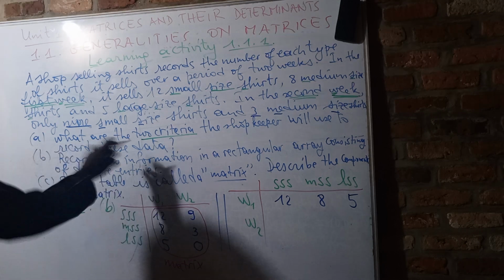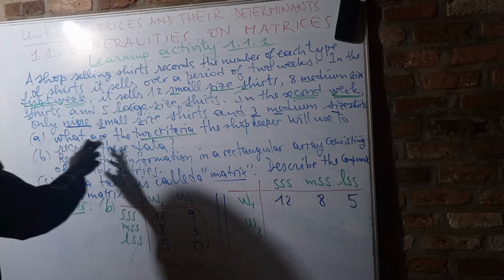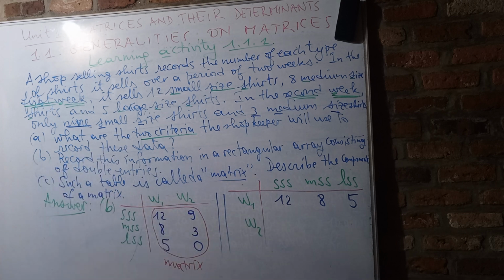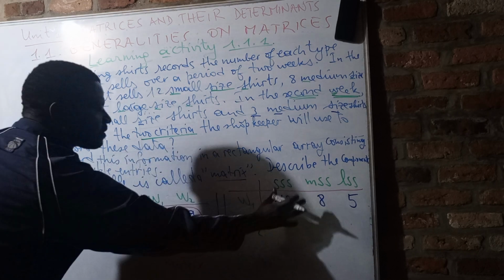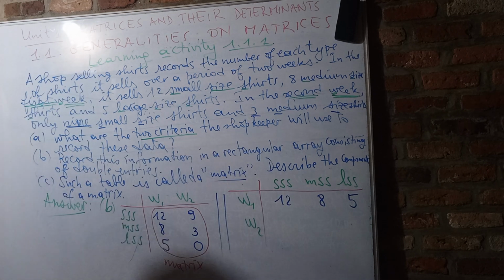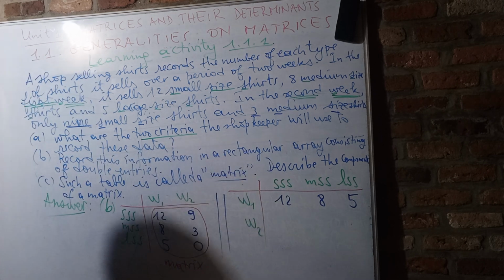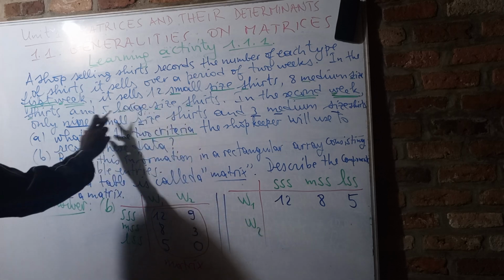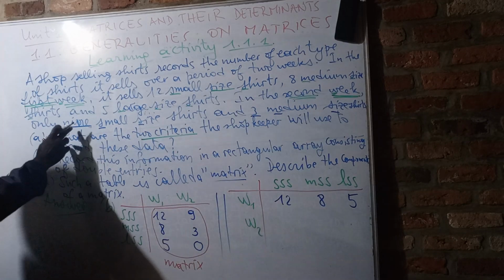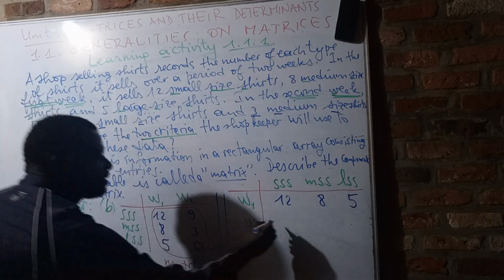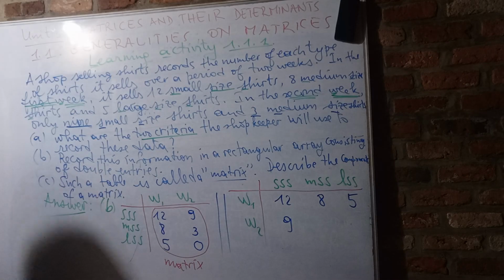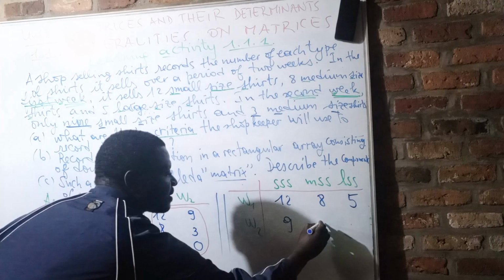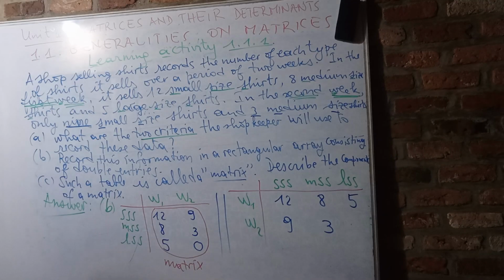Okay, in the second week, what do we have here? Now, in this case, we are on question B. Two different ways of decoding this data. So in the second week, of course, we're gonna have 9 small size shirts and 3 medium size shirts.